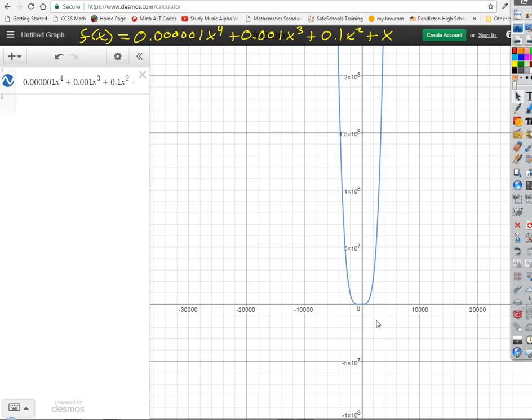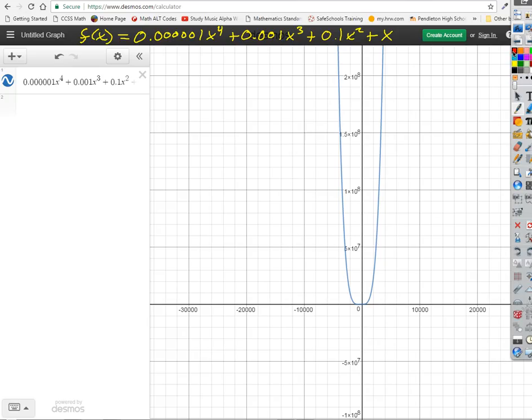So what's the moral of the story then? I mean, this may not seem like a big deal, but this is huge. This tells us something really important about the way functions behave. It takes the shape of the largest term. If we look at really large values of x, which is really just end behavior, isn't it? As we go out infinitely far to the left or the right, only one term ended up mattering.